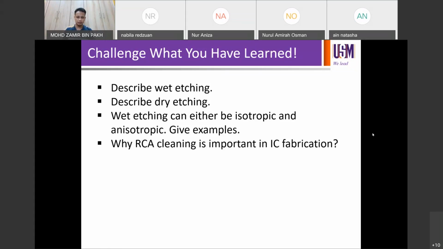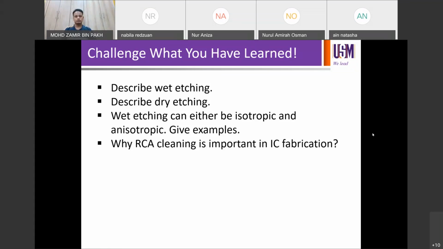Okay, what else is a component of the answer? When you say it's wet etch, what are the important points that you shouldn't miss? Look at the word there, wet etch, wet. So you shouldn't miss wet, right? Wet chemical, right? So you use a liquid chemical because it's wet.